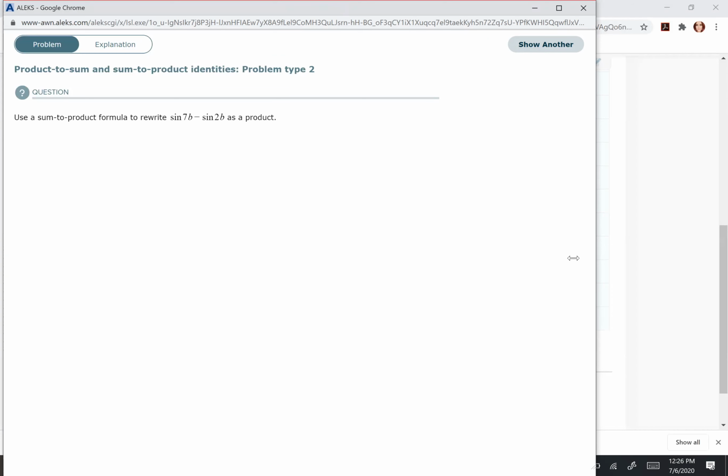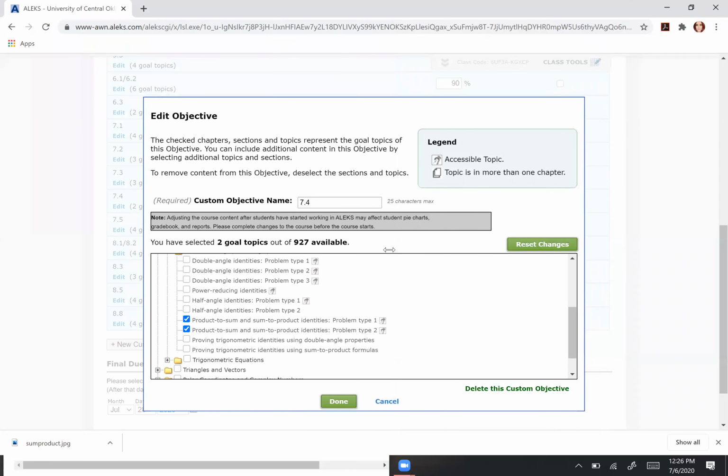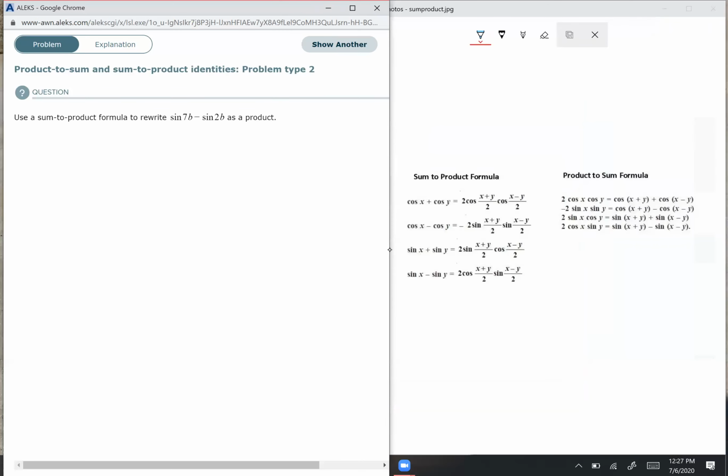Now, where'd my identities go? All right, guys, it took me a while to get this screen organized perfectly the first time, and then I just ruined it. So I've got to figure out where my identities went. Oh, perfect, guys. Here we are.